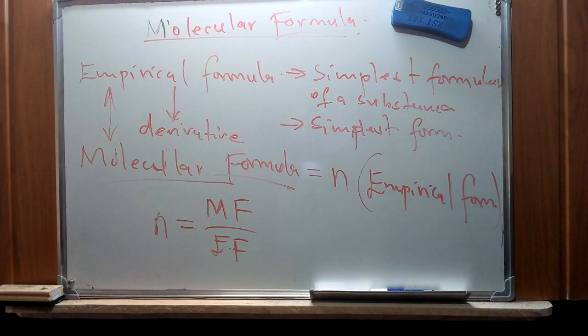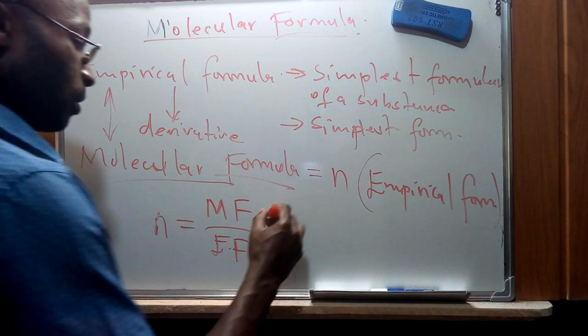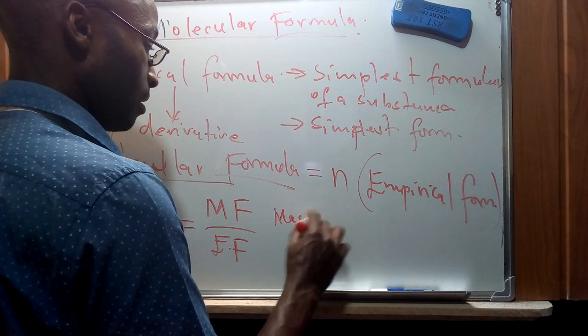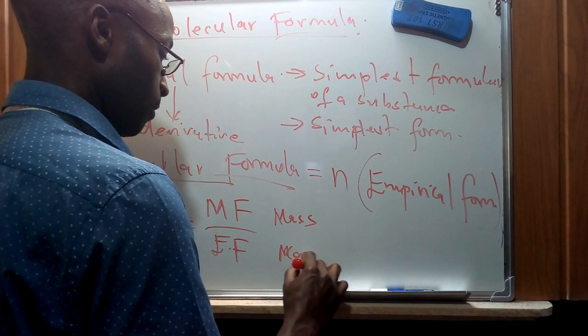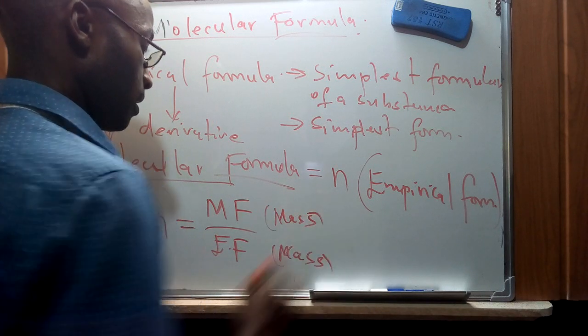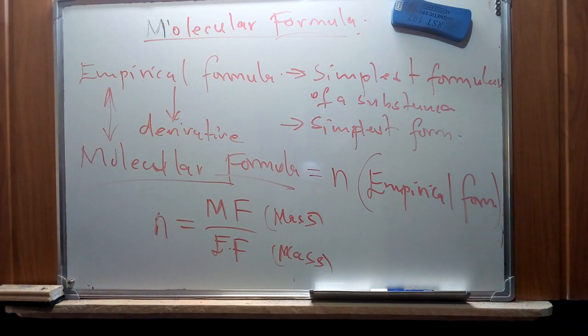And n, as we have defined it, is the ratio between the molecular formula mass and the empirical formula mass. As we talked about the percentages, it's going to represent the masses of these two specific aspects of a compound.